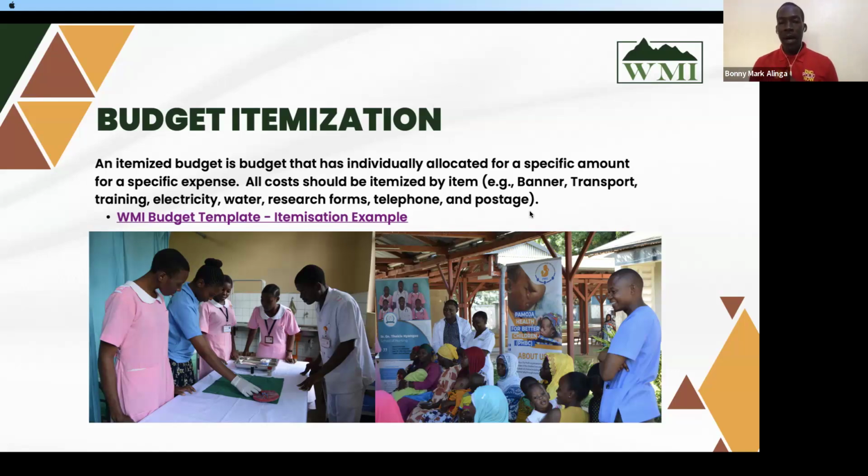So we look at the marker, the microphone and the speakers, the rental chairs, and you can see that each item has the quantity, the unit cost, and the amount being spent on that particular budget item.